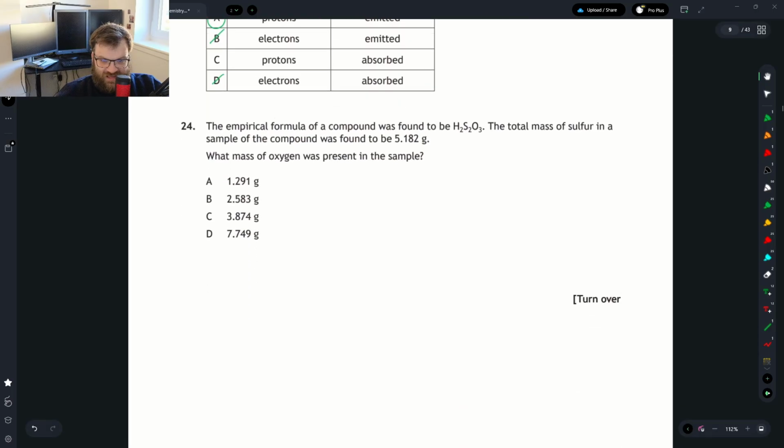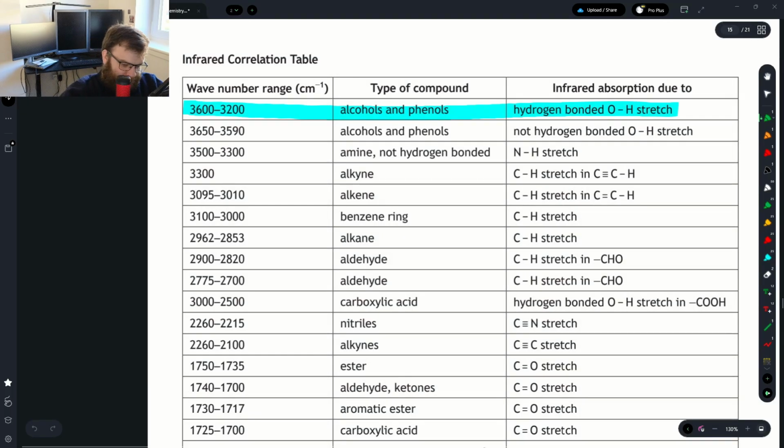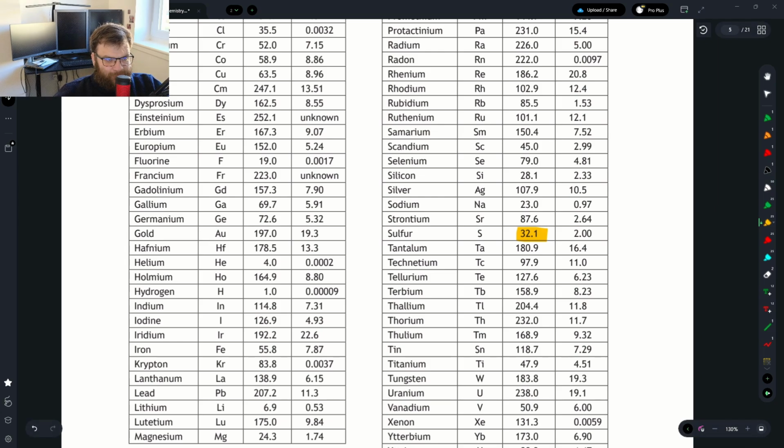This one, we have an empirical formula. We're trying to work out what mass of oxygen is going to be present. First thing I would do is turn the mass into a number of moles. 5.128 over 32.1 for sulfur, which we have here.